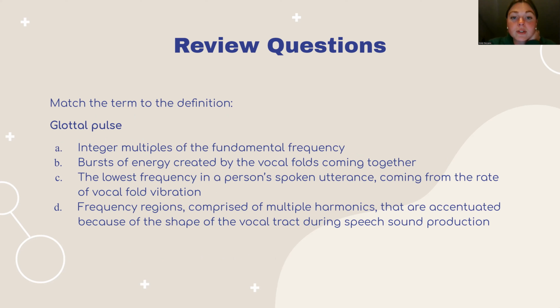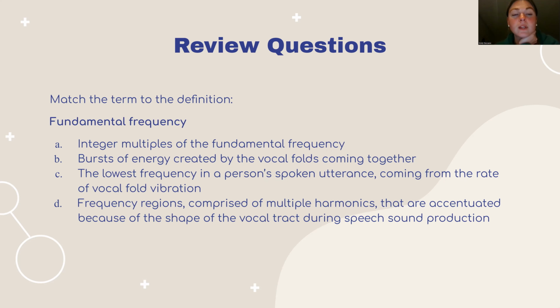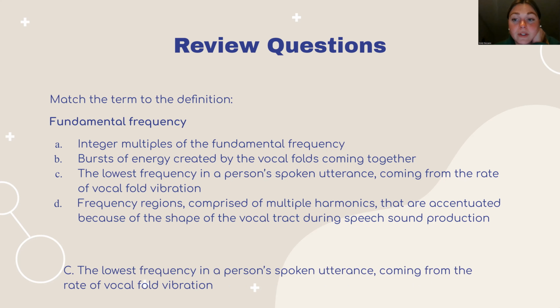And then a glottal pulse, remember, these are those bursts of that thickened black line on the spectrogram, the burst of energy that actually happens when our vocal cords hit each other. And then fundamental frequency, also another one to remember. This is the lowest frequency of a person's connected speech, and it comes right from that base vocal cord vibration that's produced.